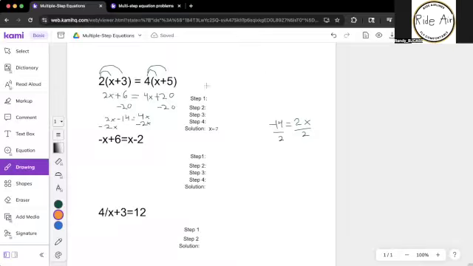With the opposite solution, we know that 2x plus 6 is equal to 4x plus 20. Now, I didn't really put that, but I'm going to redo it.